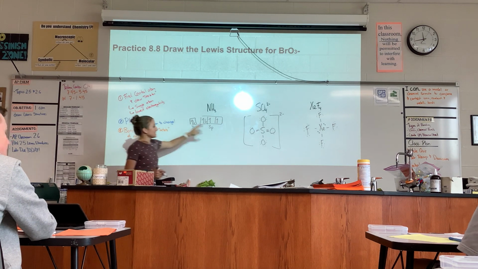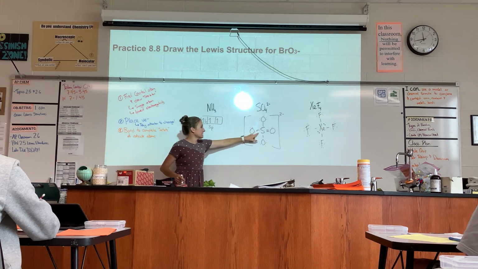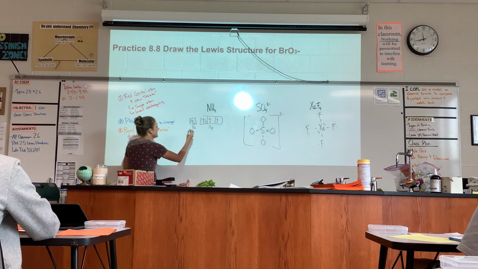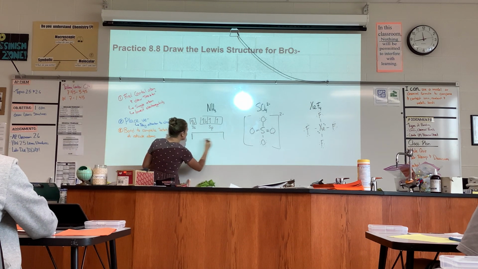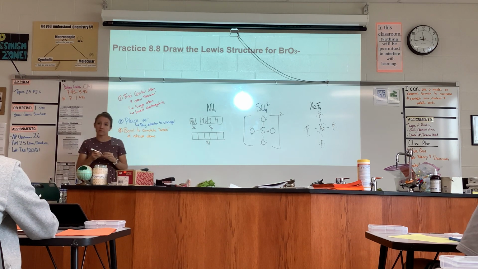So what happens to explain how sulfur can bond 6 times is the D shell is available. It's empty, but it is available for space.